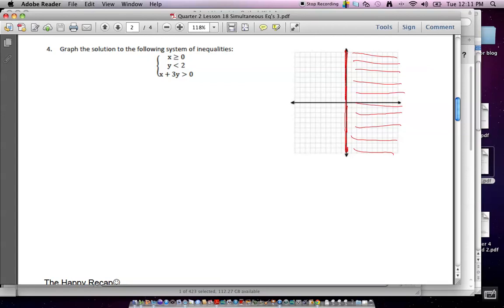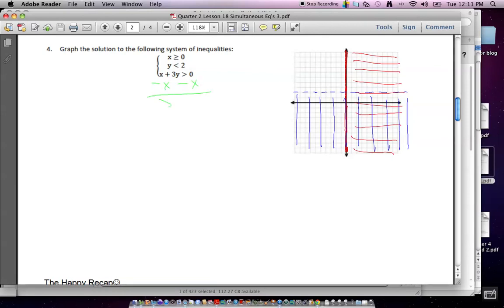Now, next, y is less than 2. We said that x equals a constant was a perfectly vertical line, but this is going to be a broken line. And y is less than 2 is going to go down here. And now I need to do a little manipulating.